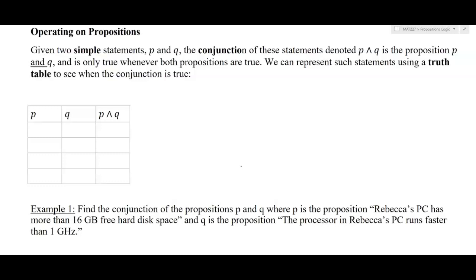So if I first start off building just a little tree diagram to see this for P and Q, we can say that P could either be true or false. And actually, instead of doing true or false, I'm going to do false and true. That's the same thing, but P could either be true or false.